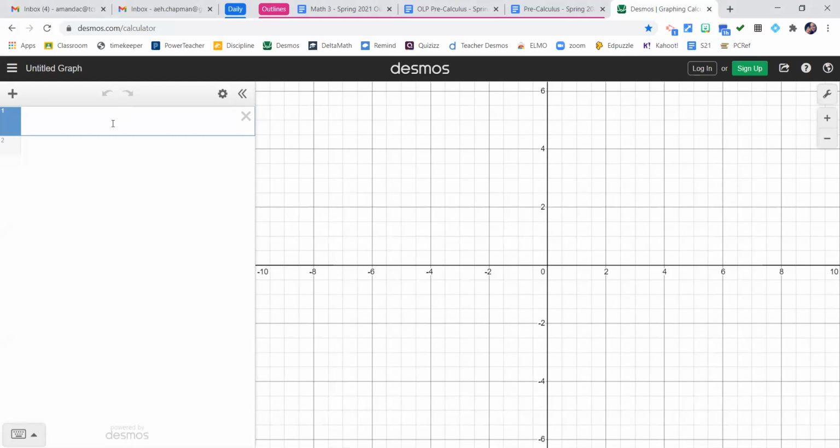To do that, I'm going to go to the plus on Desmos and the table. And then I'm going to type in my X values, or my pounds of cookies, in x1 and my Y values, or my profit, in x2.